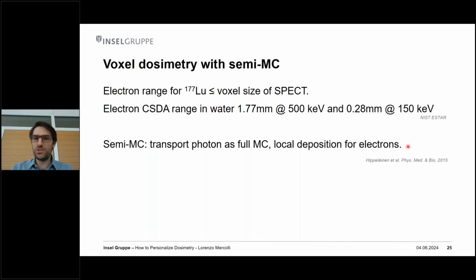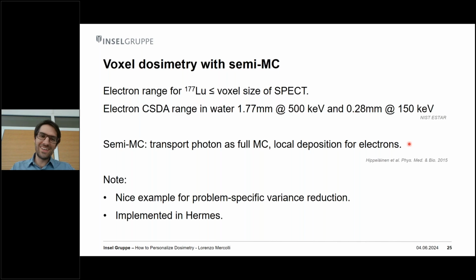So we have a voxel, we have some activity in that voxel, so the dose of the electrons is just deposited locally in that voxel without ever simulating the point interactions of the electron. And this is actually very nice because, in the nomenclature of Monte Carlo people, this is a nice example of a variance reduction technique that is very specific to the problem.